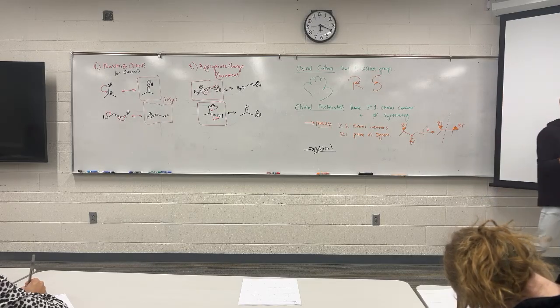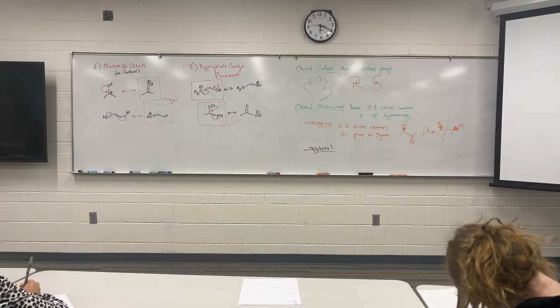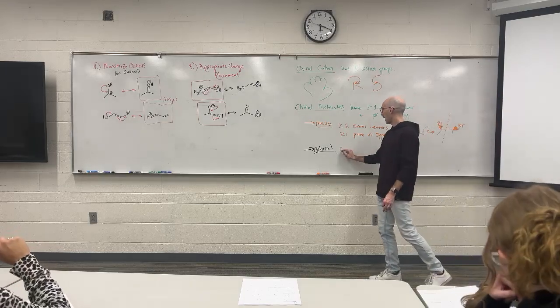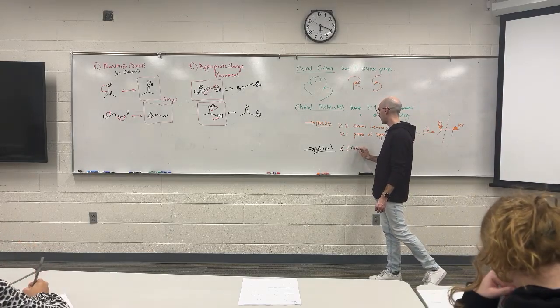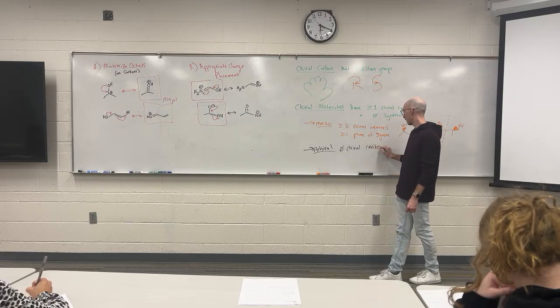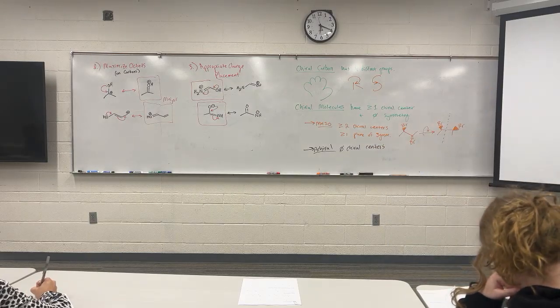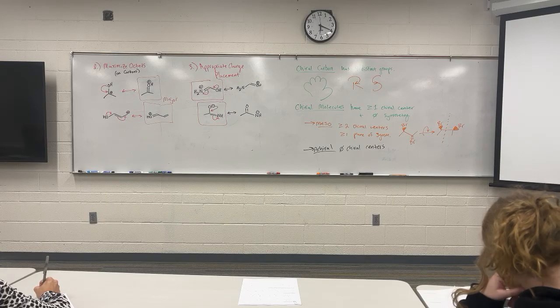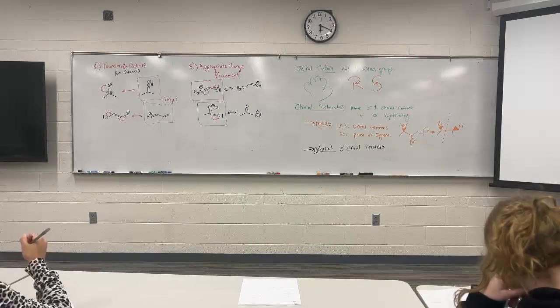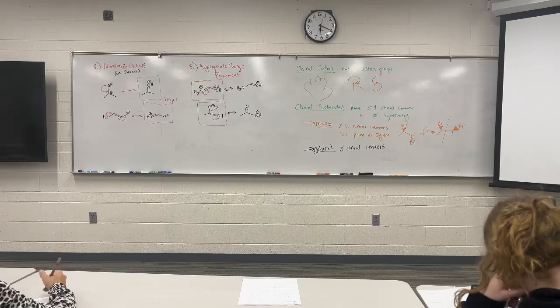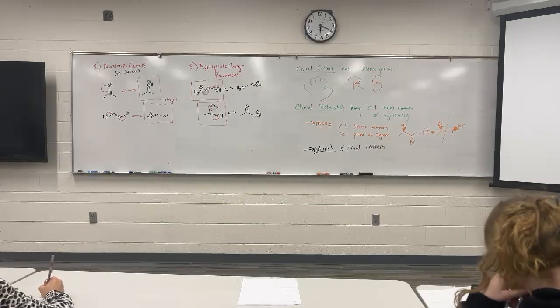But things that are strictly achiral have 0 chiral centers. And, of course, at least one plane of symmetry. Questions on the review of that terminology?